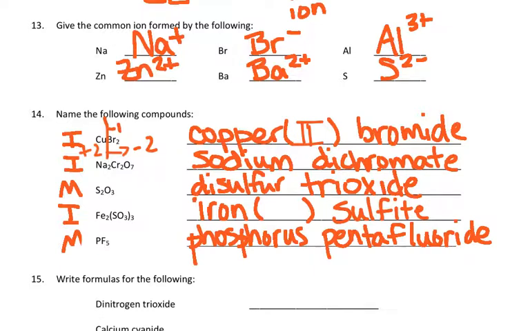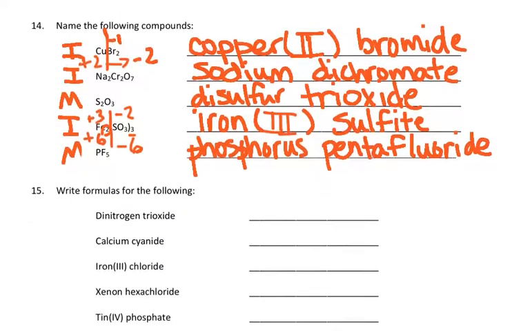For iron, we're going to look at sulfite. Sulfite has a charge of -2, and we have 3 of them, so we have a total charge of -6 on the right. So on the left here, we have to have a charge of +6 overall. We have 2 irons, so each iron will have to have a charge of +3.